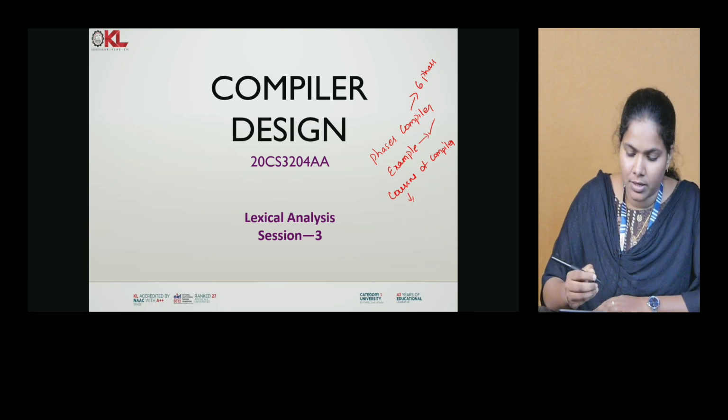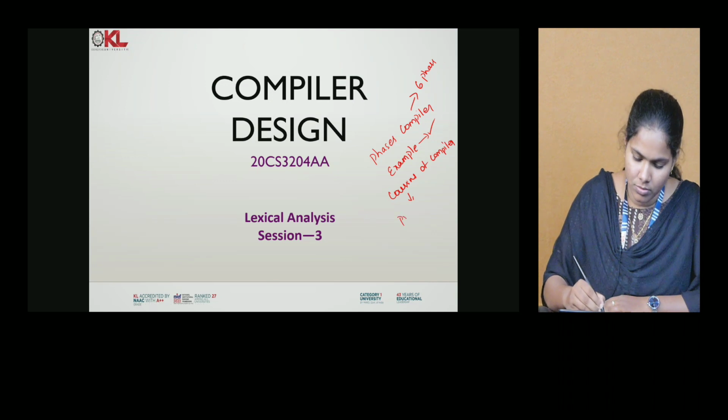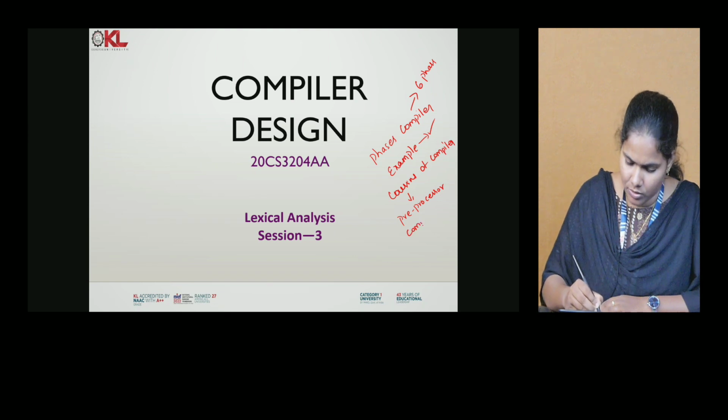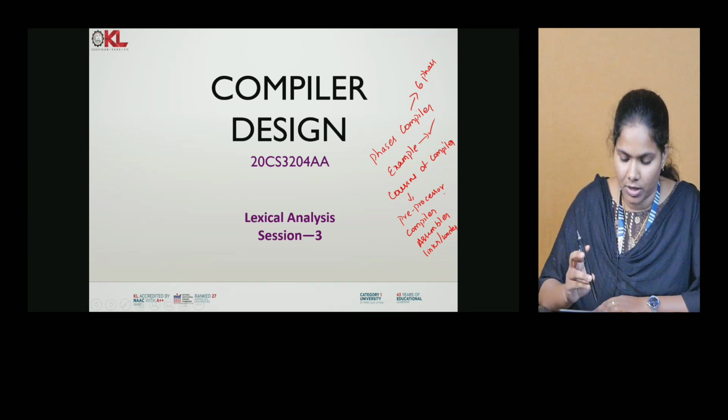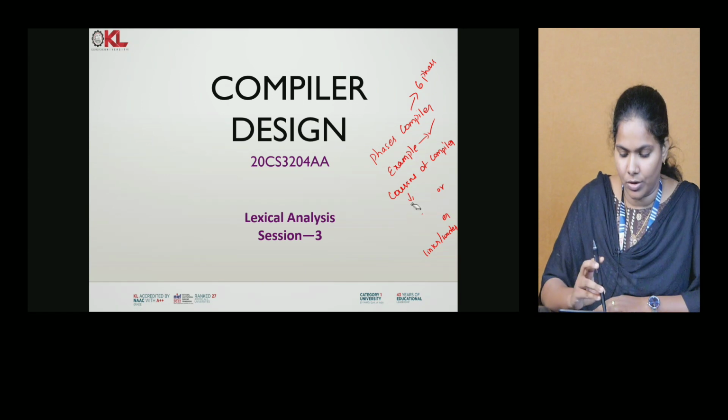And the cousins of the compiler are the preprocessor, and then it goes to the compiler, assembler, linker and loader. So these are the cousins of the compiler. Till now we have discussed these concepts.